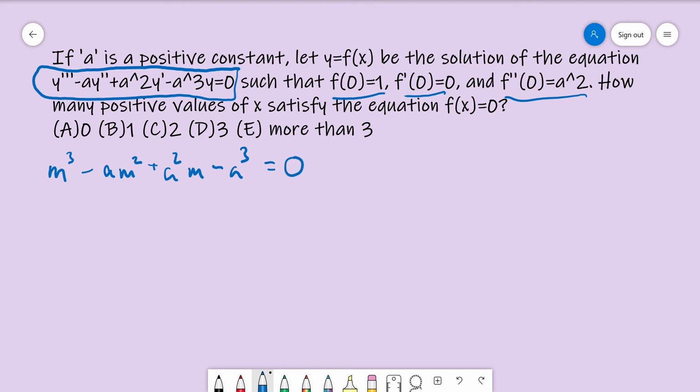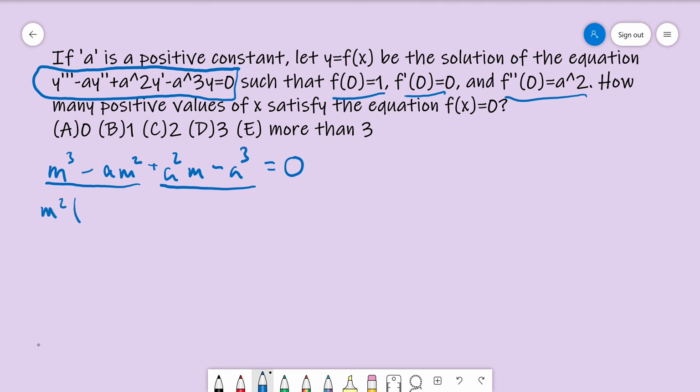Now we have to solve this auxiliary equation for m, and that will help us write the general solution. The trick here is to realize that if you factor out an m squared from these first two terms and an a squared from these last two terms, then you'll have m minus a left over in each of them, and you can factor that out. So let's do that.